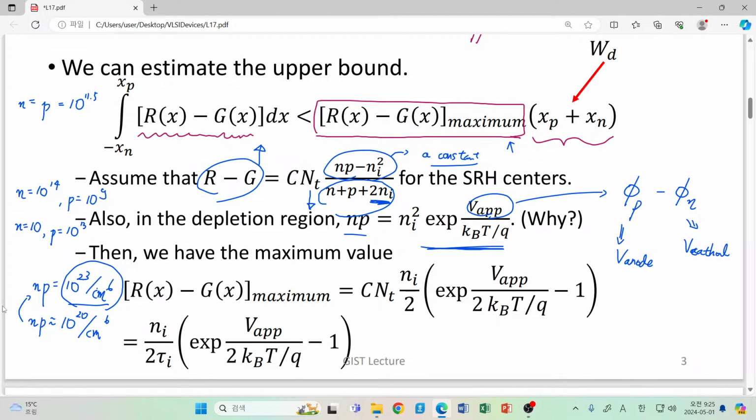Okay, so are you with me? Approximately it will be 3 times 10 to the 11. In this case, the sum of your electron density and hole density would be just 6 times 10 to the 13. For other cases, that will be just 10 to the 14, or this one will be 10 to the 13.